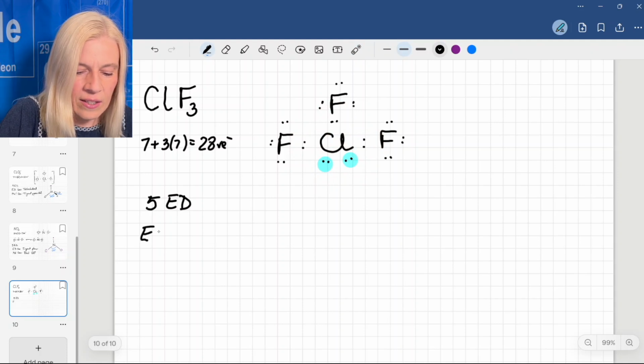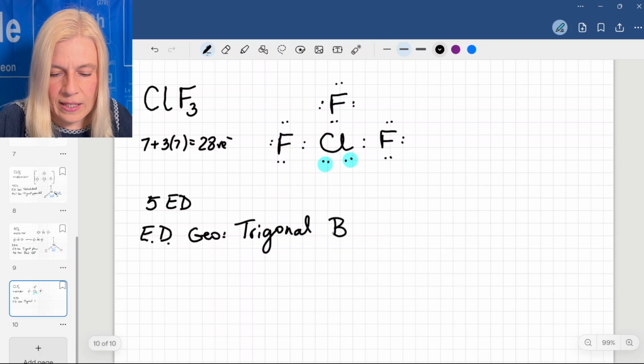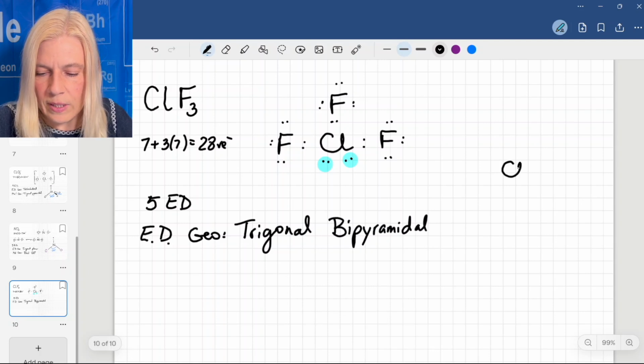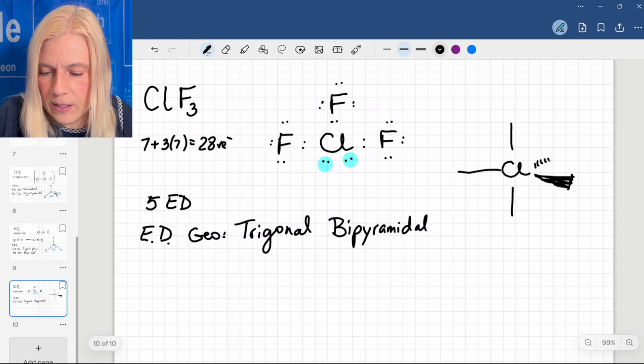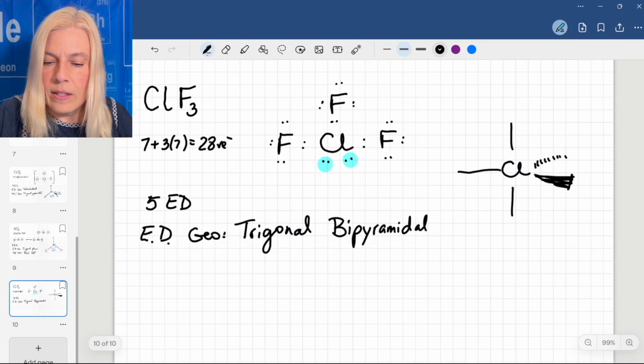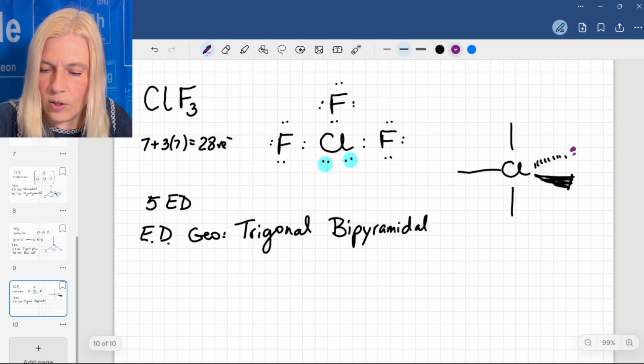So we're going to end with the hardest, right? So electron domain geometry is, remember, trigonal bipyramidal. So here we go. Cl, 5 electron domains, 1, 2, 3, 4. Let's make this coming out, and 5, this is going in. And where does lone pair go? Lone pair goes on equatorial.